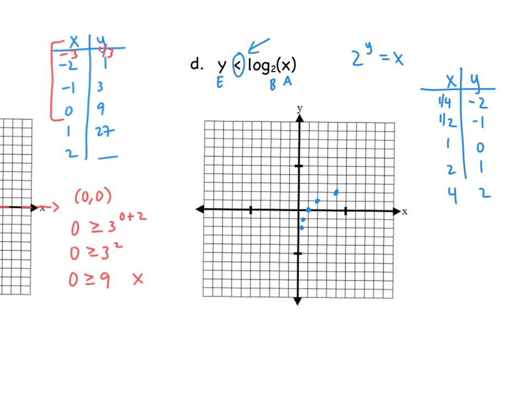Notice there's no equal sign, so this is going to be a dashed line. And what I need us to remember is that this one has an asymptote as well. It's vertical though.